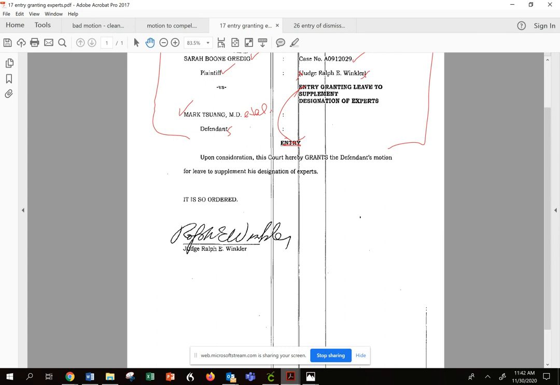Then the order entry itself is very basic. You can simply say, upon consideration, this Court, capitalized, hereby grants the defendants, which in our case will be plural, and name them, motion for extension of time. Here you want to add a little bit to what they have put on theirs because you want to put the date certain.